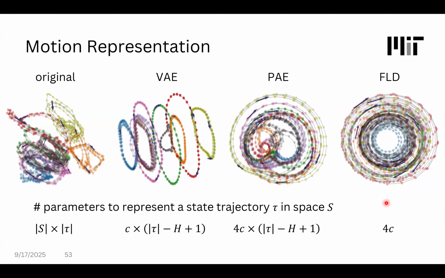It doesn't change with the length of the motion. Here C is the latent channel, which in our case is 8. Because there's frequency, amplitude, offset, and phase, there are 32 parameters you need per motion, decoupled from the original motion. In our case, that's 100 steps, and S is I think 40, so that's about 4,000 parameters.